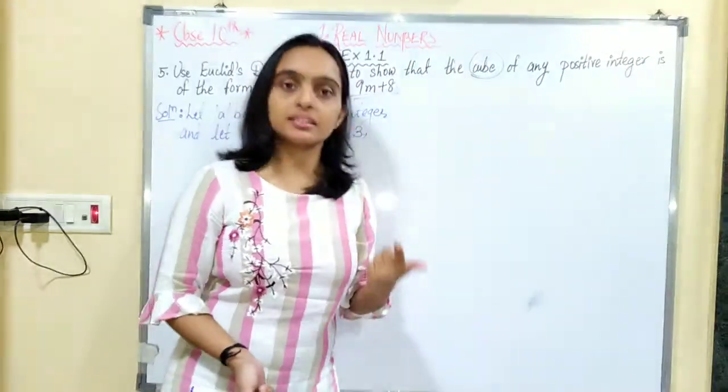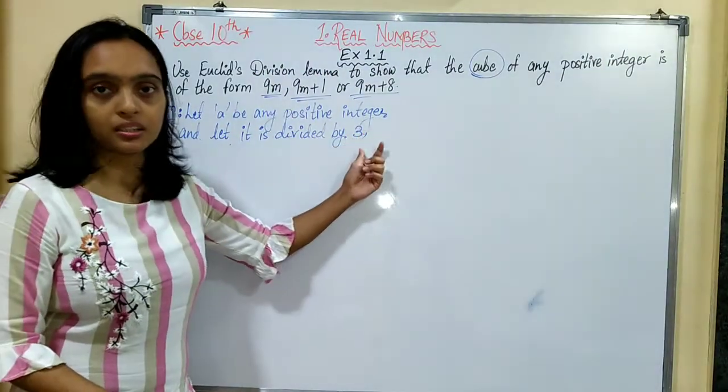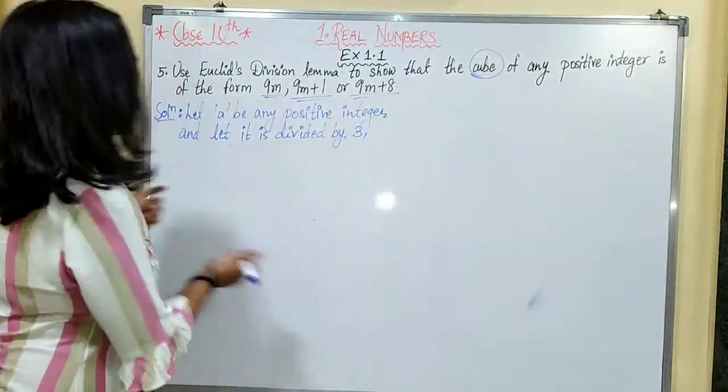So 3 3s is 9, therefore we are taking here 3, unlike the previous ones.